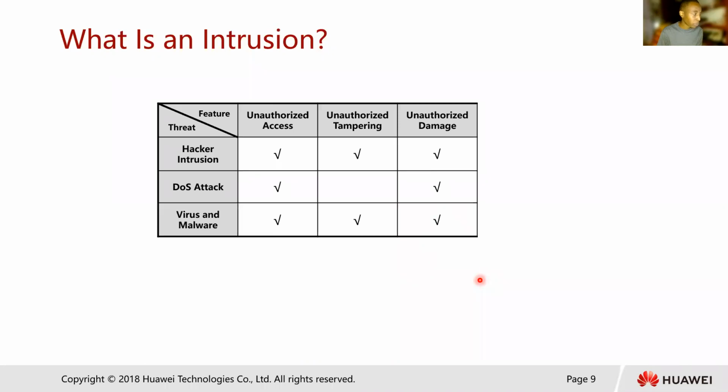Think of it this way. An intrusion, talking about a threat and a feature. So a feature is either an intrusion, anything that is ticked in this table falls into what we can think about as an intrusion.